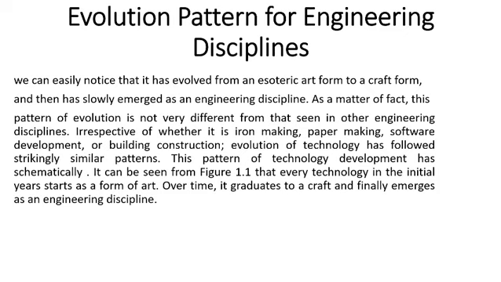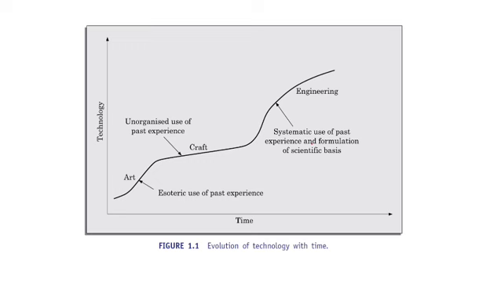For example, iron making, paper making, software development, or building construction, the evolution of technology has followed similar patterns. In this pattern, technology developed systematically. You see here, first the art, which is historic use of past experience.